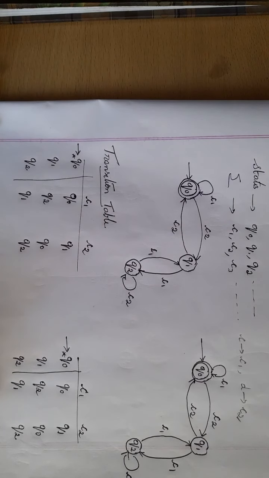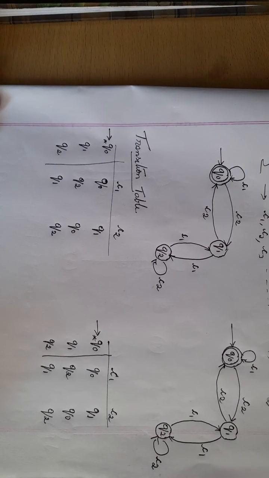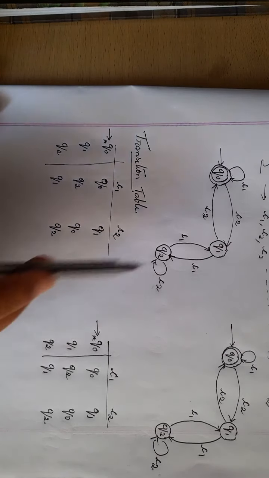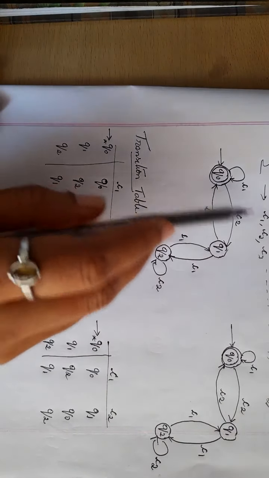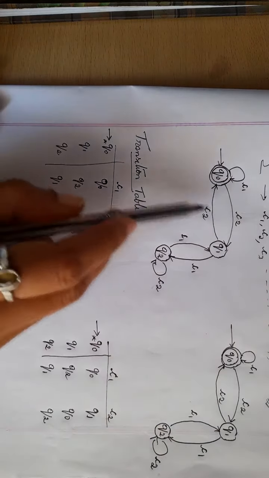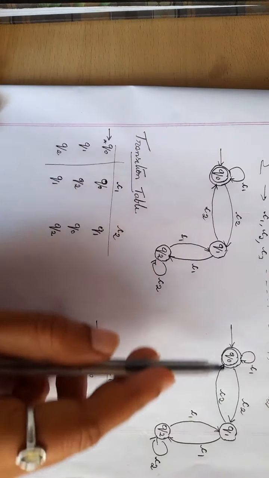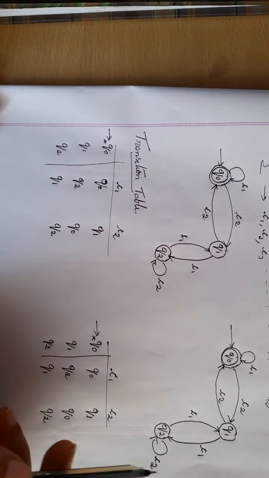Once you are done with this, now you have to check whether they are equivalent or not. How will you know? Just check whether the transition tables are the same. Right now in this example, when I drew the transition diagram, the diagram also looks the same, so by seeing that itself you can tell it is the same. But when you draw, you need not take it in this order only; you can take it in any order.